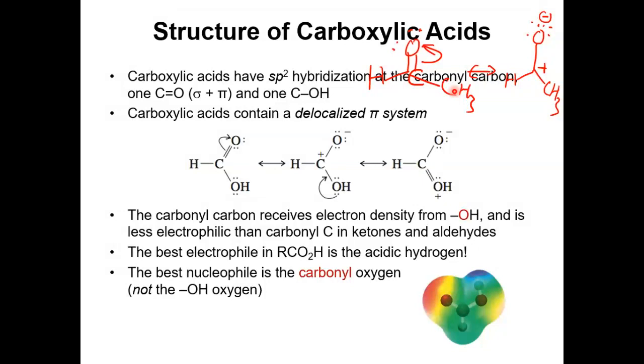You should be seeking the atom that has the highest concentration of negative charge. It's the carbonyl oxygen, because that's the one where you're going to see the greatest share of negative charge. So the most nucleophilic atom is the carbonyl oxygen, and the most electrophilic atom is the hydroxy proton.